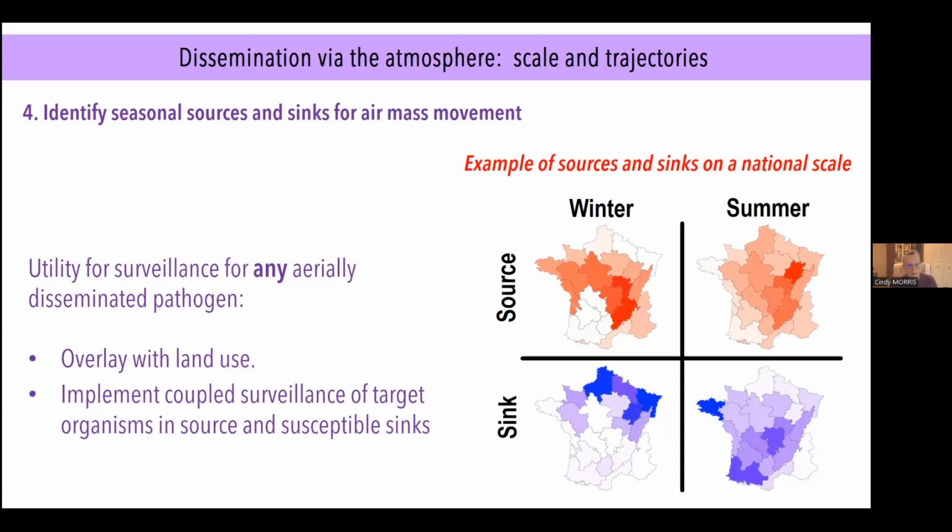You overlay this with land use, and then you implement a coupled surveillance of target organisms in your source and your potential sinks. You collect your populations in your source and your sink, and then you can do the genetic comparisons to see if they're comparable. So that would allow you to validate the transmission.